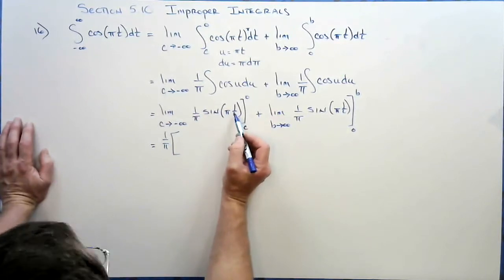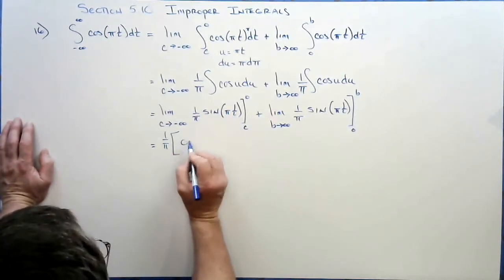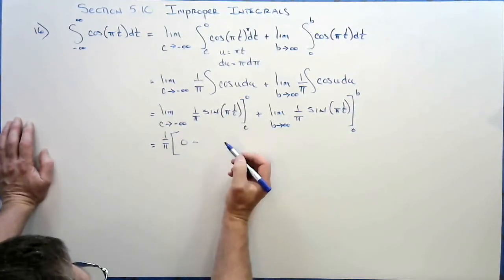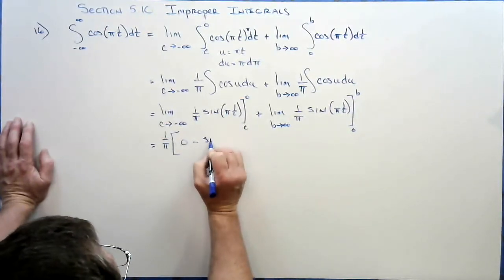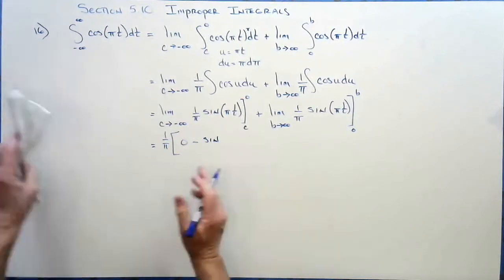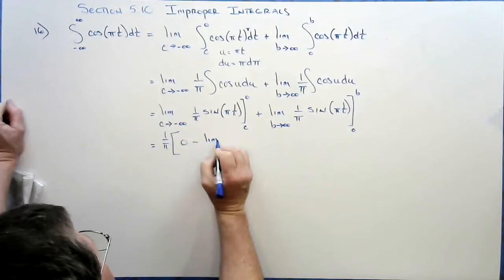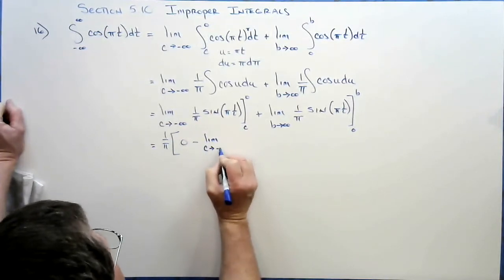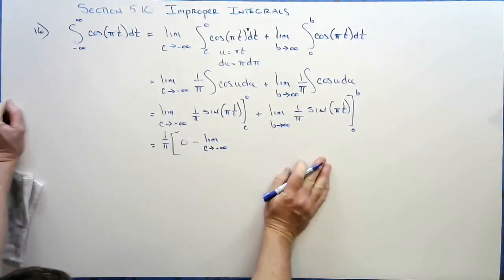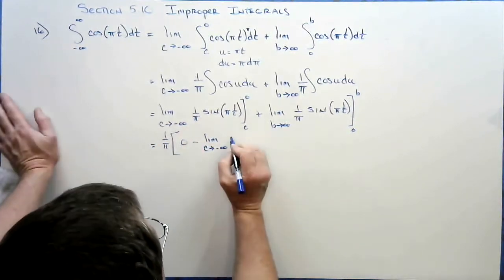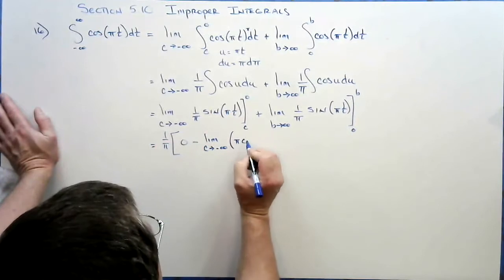Sine of pi times 0 is sine of 0. That's going to be 0. Minus, we're going to plug in c, and so we're going to have sine. We're going to have the limit as c goes to negative infinity. And then we're going to have c times pi, or pi times c.